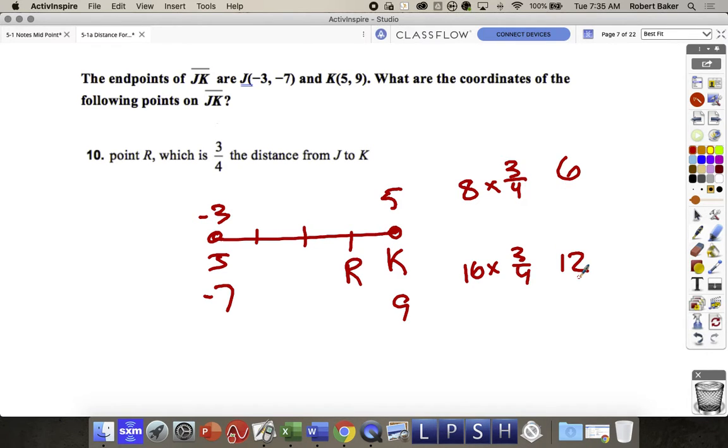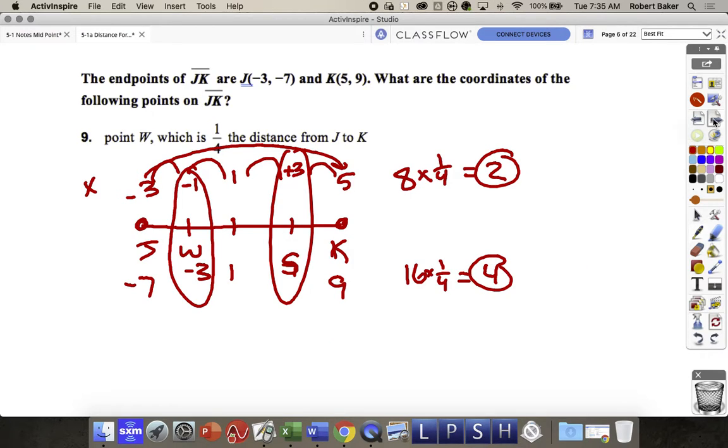So I have to go on top from -3, I have to add 6 to that. So -3 plus 6 is +3. On the bottom, I have to go from -7 and add 12 to that. -7 plus 12 is 5. So R is at the coordinate location 3, 5. Same thing we got last time.